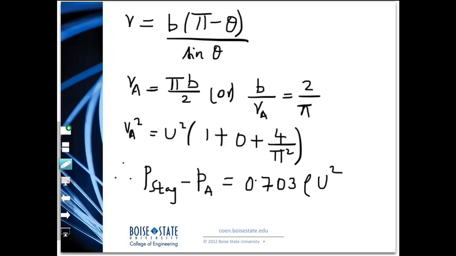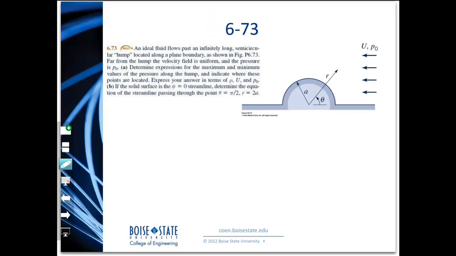Okay, let's now look at one last problem in this chapter. An ideal fluid flows past an infinitely long semicircular hump located along a plane boundary as shown in the figure. Far from the hump, the velocity field is uniform and the pressure is P0.